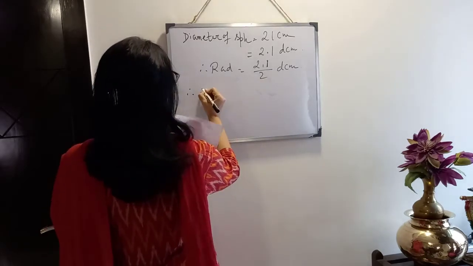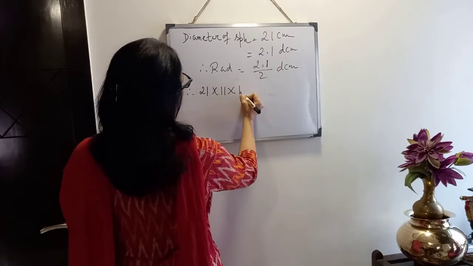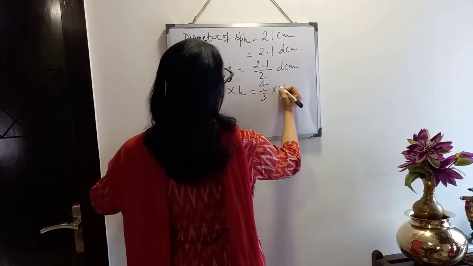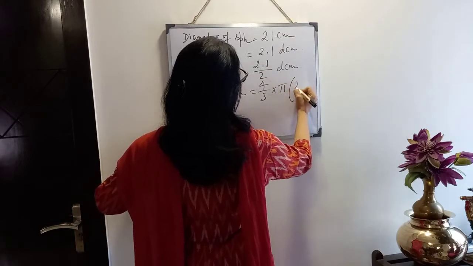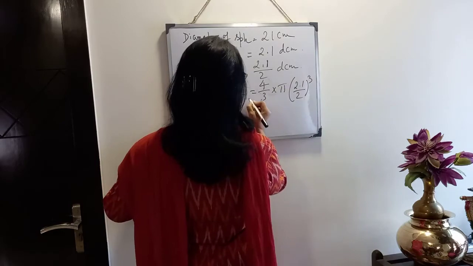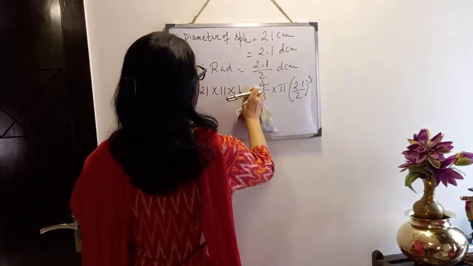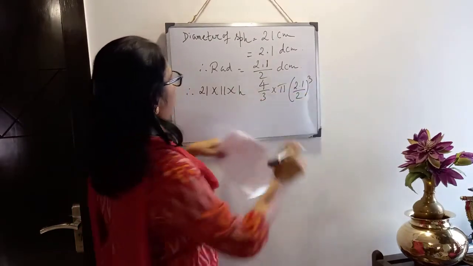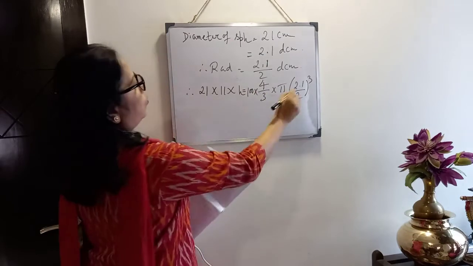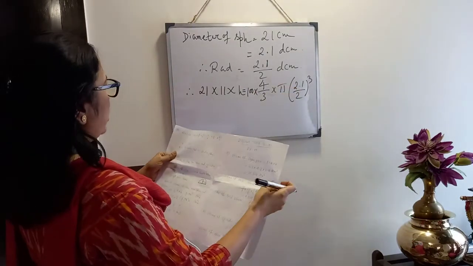First I am writing the formula: 21 into 11 into 8 equals 4 by 3 pi r cube into 100, as there were 100 spheres. So this is the volume of one sphere. There are 100 spheres: 100 into 4 by 3 pi into 2.1 by 2 whole cube.